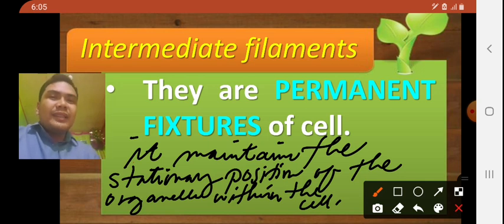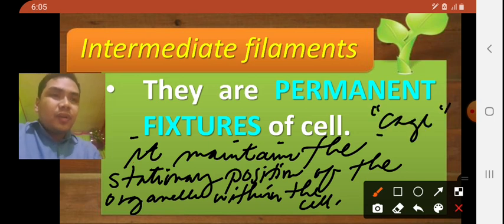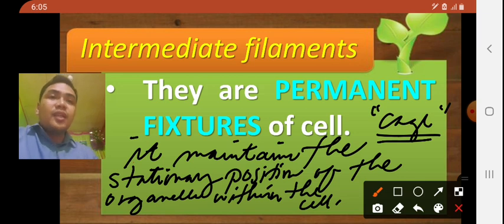Okay, so it can act like a cage. It acts as the cage of each organelle, and as a result, they can maintain the stationary position of each organelle within the cell. So that is the intermediate filaments.